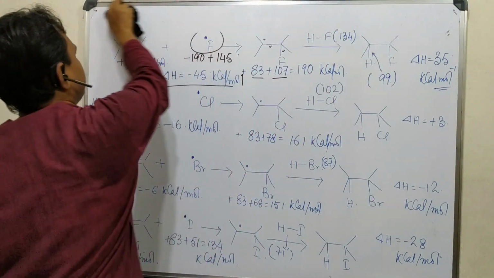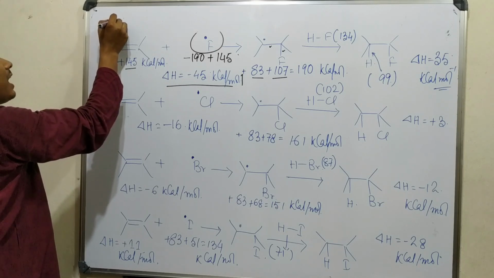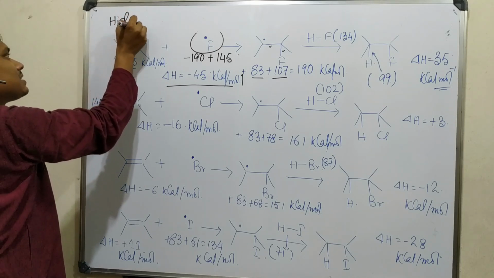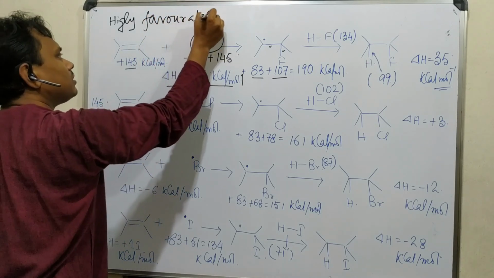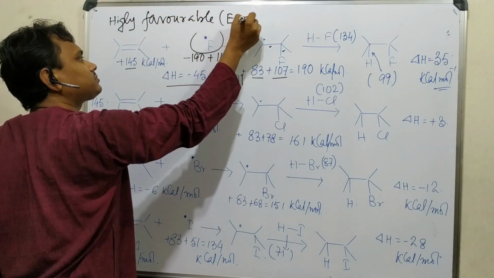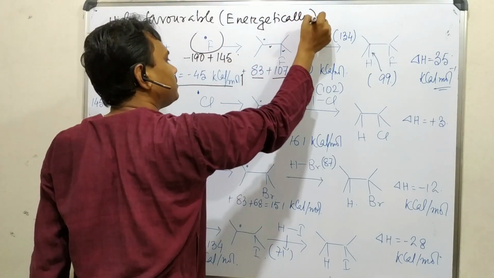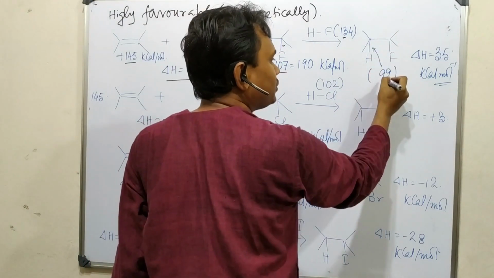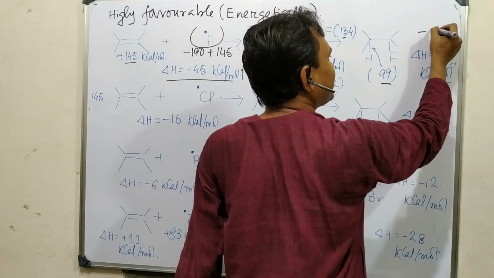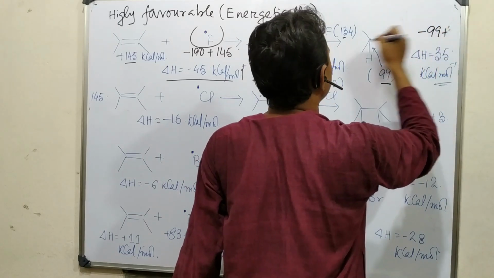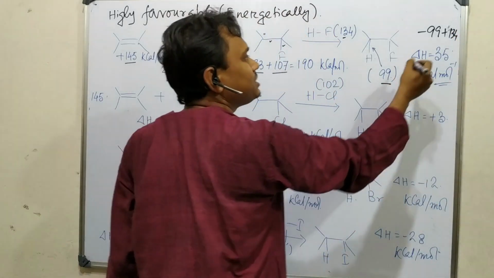Now the second step we have to focus on. We produced a C-H bond, whose energy released is 99. So in this case, 99 is released, plus we have given 134. So what is it? It is positive.